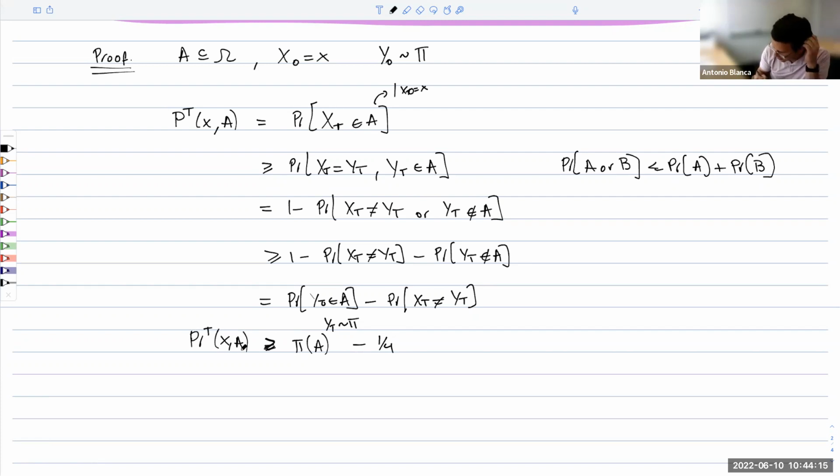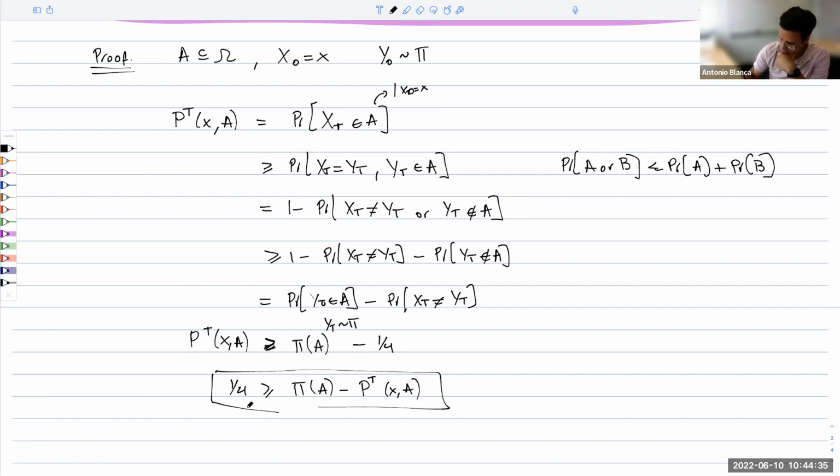Now this gives us the bound that we want. We have that 1/4 is greater than pi of A minus Pt of x of A. And this is essentially all that we need. Maybe now you believe me and I can stop the proof here, or I can finish; it's just two or three more lines.